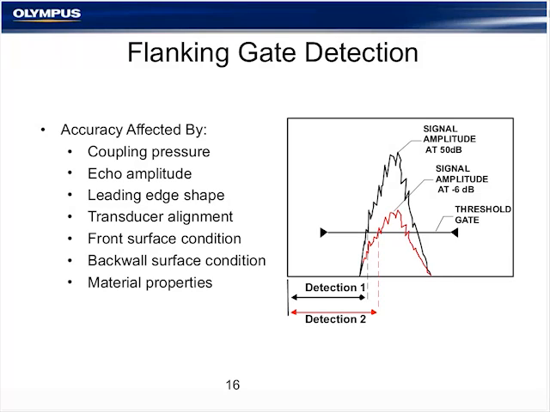The first has to do with flank detection or edge detection on a flaw detector. The graphic that you see here indicates a fairly common signal that's returned from a dual transducer from corrosion, and you'll see that there's a gate that's set to approximately maybe 20 or 30% screen height.